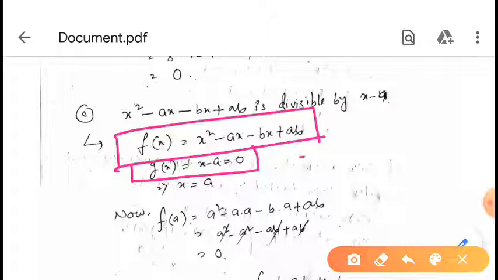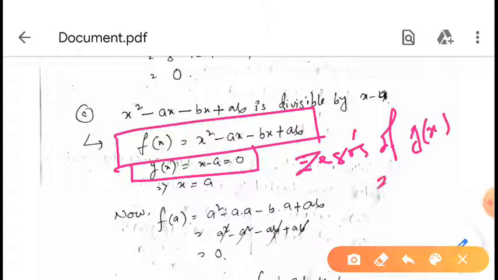So the zero of g(x) is a. So x equal to a here. Now we just have to put the value, f(a), and show that f(a) equal to 0, then we are done.